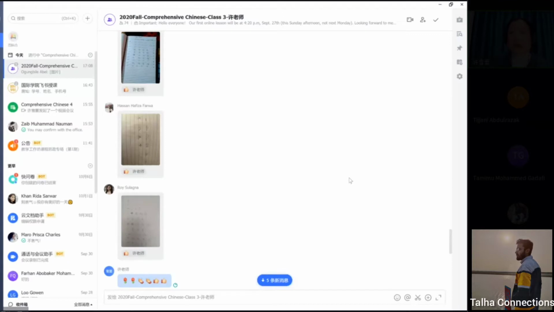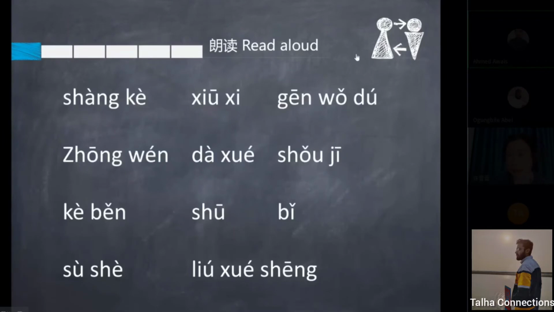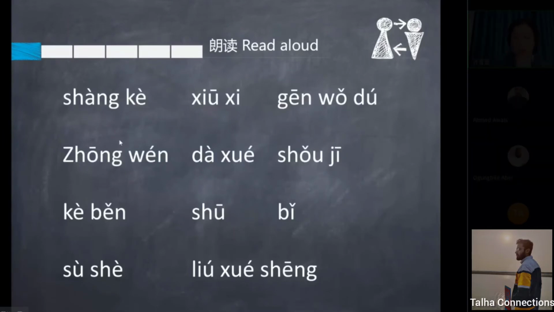Now we have learned all the finals and initials. Now let's practice reading them in syllables.